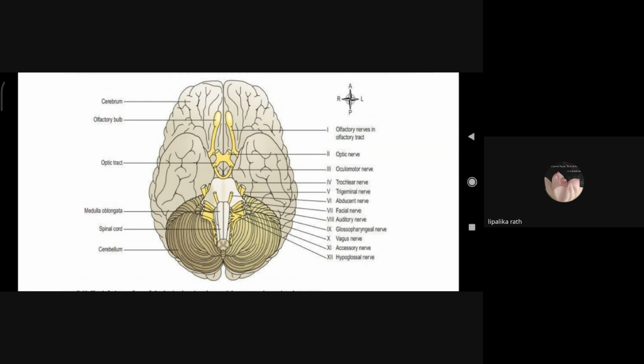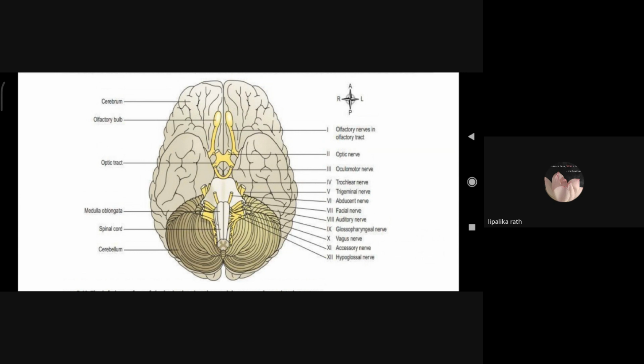So these are the 12 pairs of cranial nerves, and according to their location they are numbered, always in Roman numerals, and either they originate from the brain or they insert into the brain.